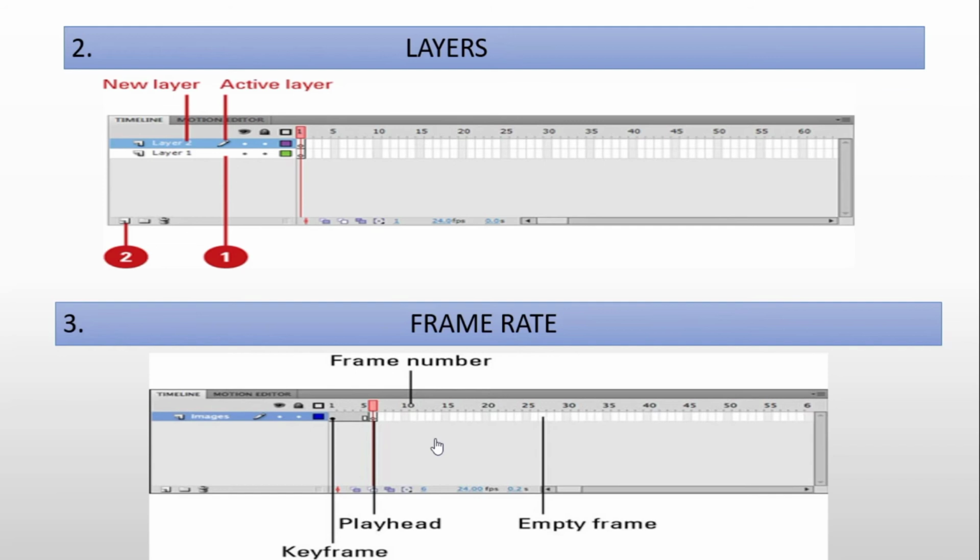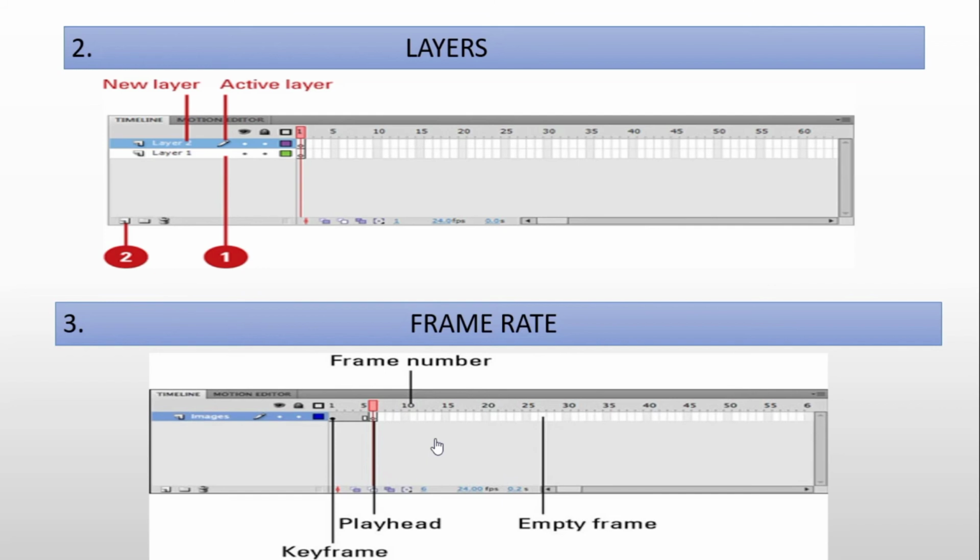Generally, the frame rate in a Flash movie is 24 frames per second, which can be changed as needed depending on the speed at which the animation has to be played.